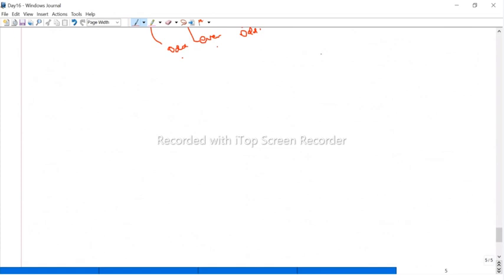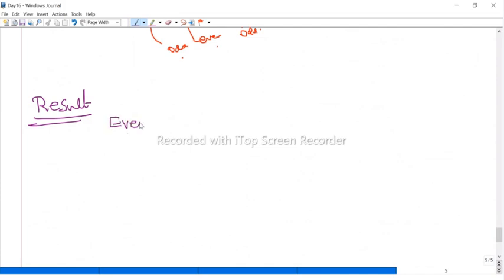For example, if it is abelian, that is another result. So the result: in an abelian group, every subgroup is a normal subgroup.